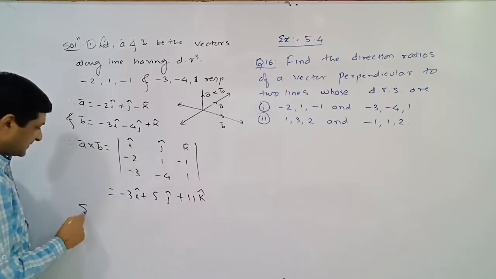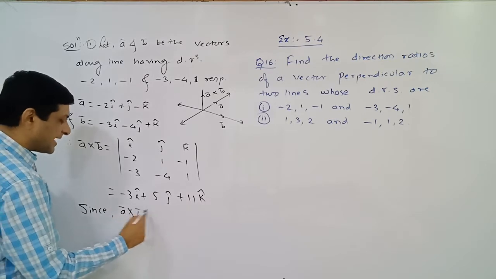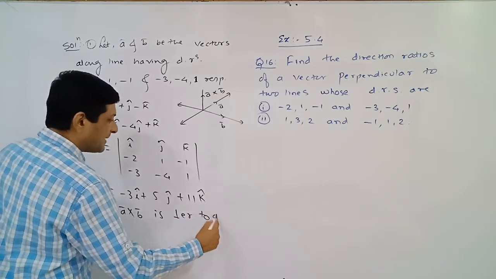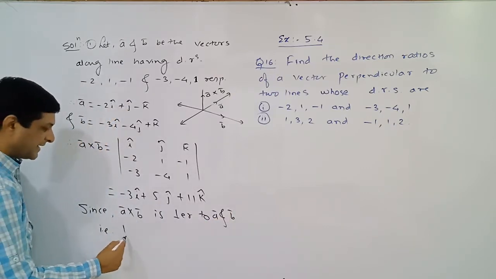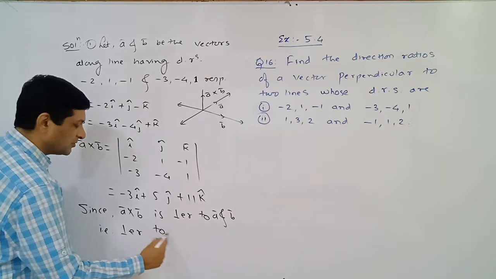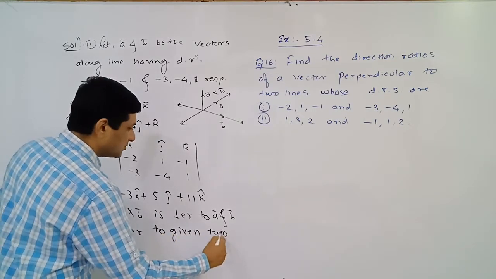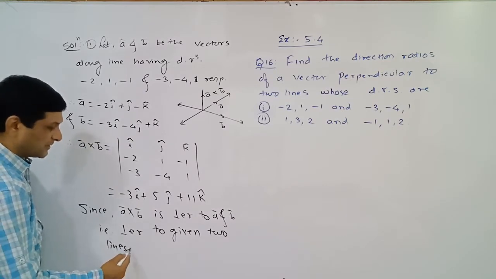So since A bar cross B bar is perpendicular to A bar and B bar, that is perpendicular to the given two lines.